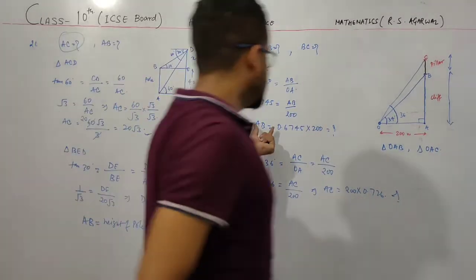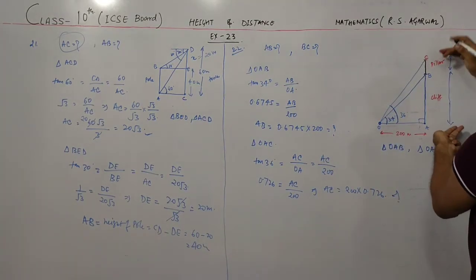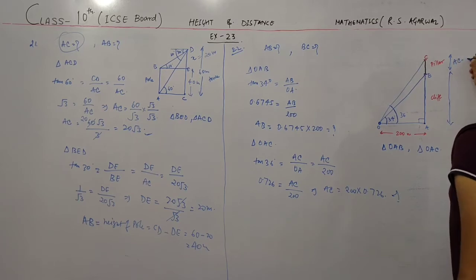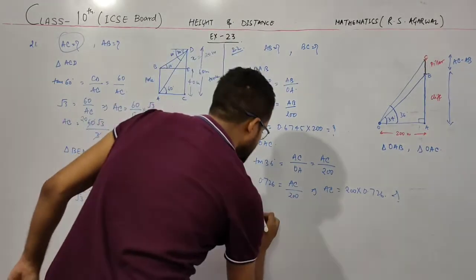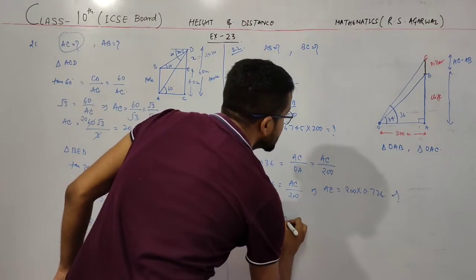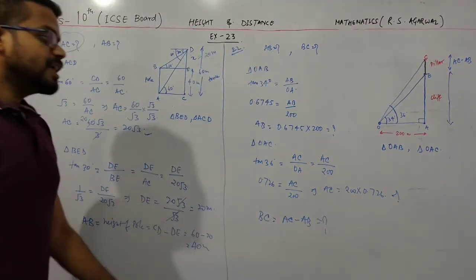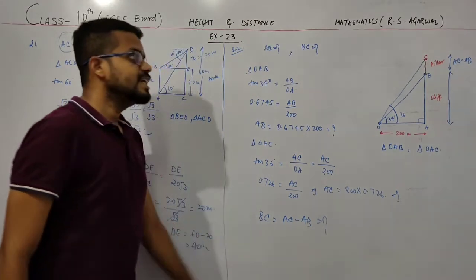Now here this is the value of AB and this is the value of AC. So BC is equals to AC minus AB. By putting the values, we get the answer of question number 22.